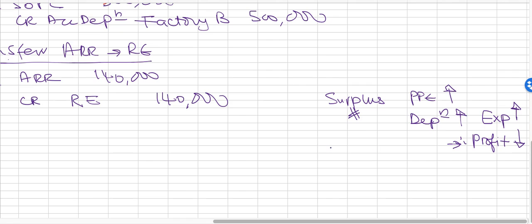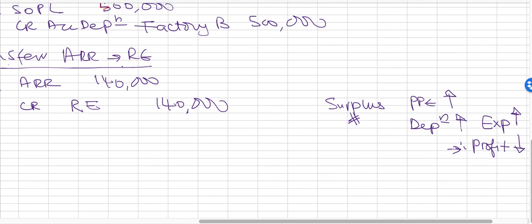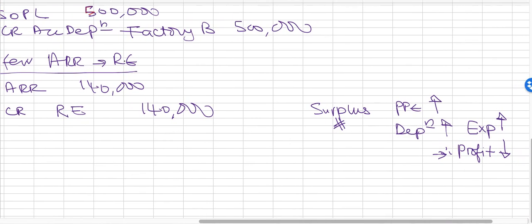So now the standard allows that if the company doesn't want this to take effect, what the company can do is compensate, transfer, okay, macam gantikan semula, you transfer the ARR to retained earning annually. So this one, you can transfer to your retained earning so that your profit akan bertambah semula lah.